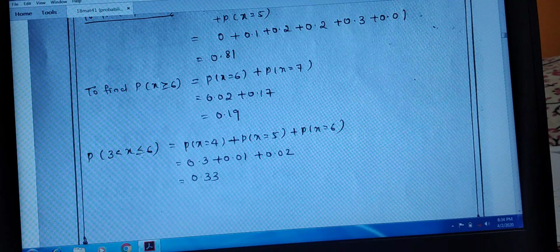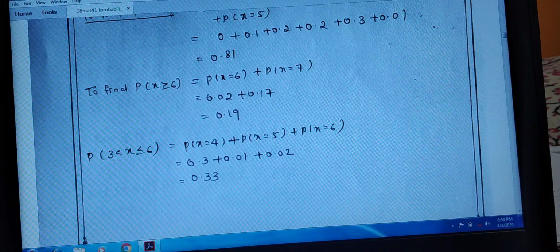Here we have less than or equal to, so you have to include 6. I hope you are understanding. Here we don't have the equal to sign, so you should not include 3, and here we have the less than or equal to sign, so you have to include the number 6 also.